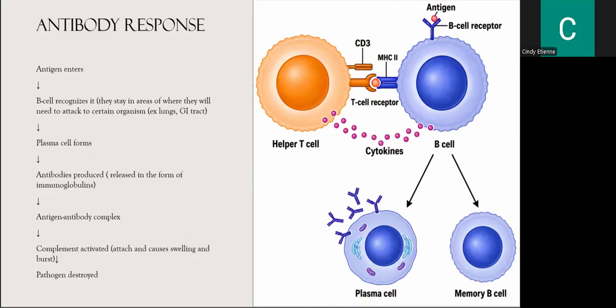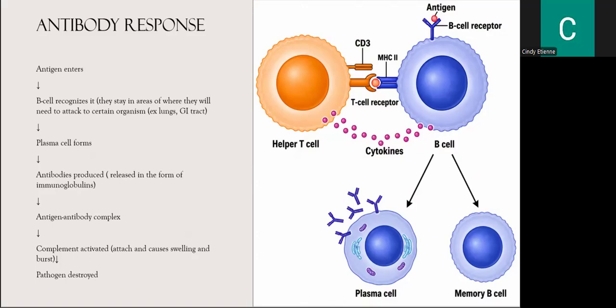So an example would be chickenpox. Antibodies attach to the virus, complement helps damage and eliminate it, and the immune cells remove the remaining debris. At the same time, memory B cells are formed, allowing the body to recognize the virus quickly if you're exposed to it again. This is the basis of long-term immunity and how vaccines protect us.